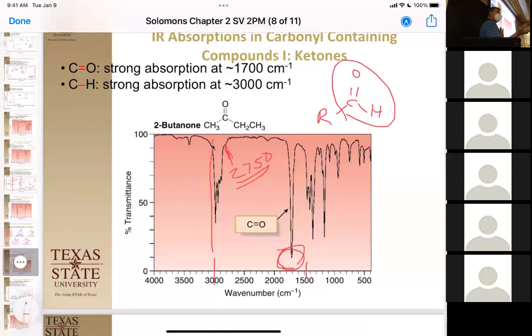It's shifted below where you'd think it would be, and that's why I wanted to draw attention to it. The carbonyl is right here in the middle, at almost 1700. So is that how you would tell the difference between an aldehyde and a ketone? Yes, that is the only way to tell the difference between an aldehyde and a ketone on an IR.